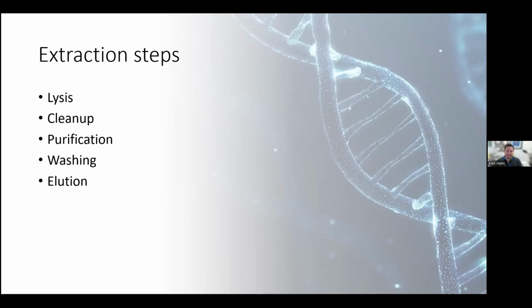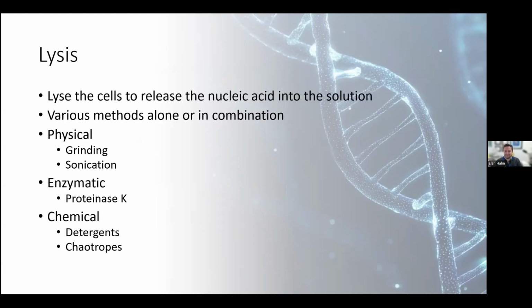We'll go into each of these steps in more detail now. So lysis, we're trying to break the cells to release the nucleic acid into the solution. You could use various methods alone or in combination. It could be done physically with grinding or sonication, enzymatically, an example of which is proteinase K, or chemically with detergents or chaotropes.